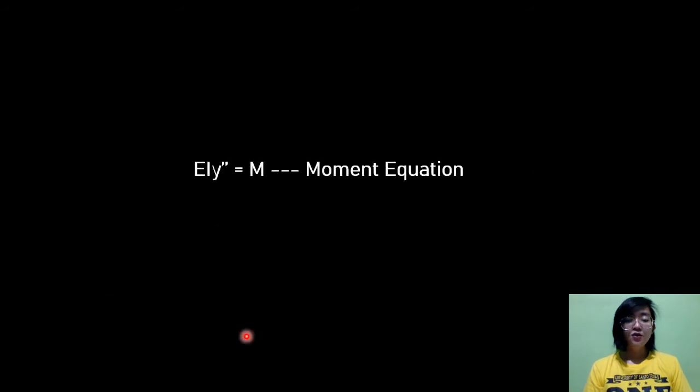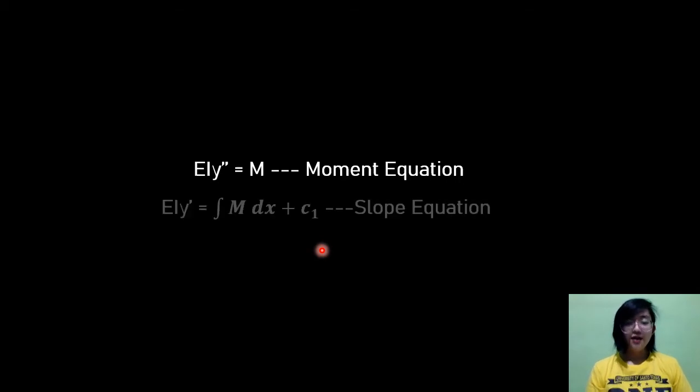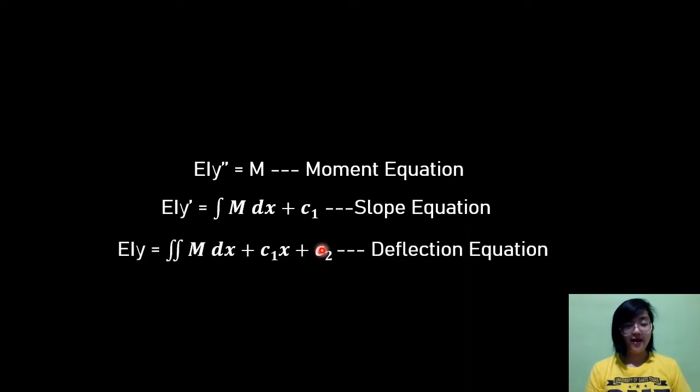Again, to summarize the formulas of DIM: EIy double prime is the moment equation, EIy prime is the slope equation, and EIy is the deflection equation.